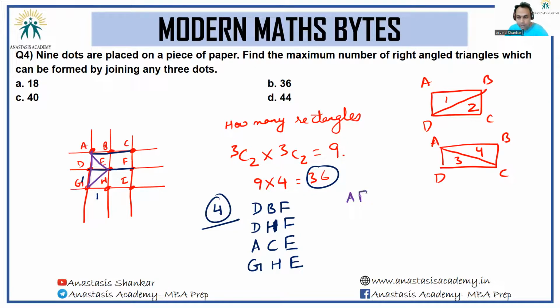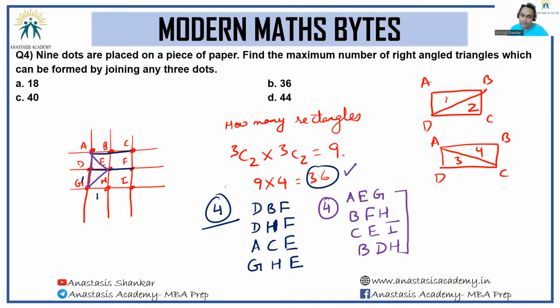So A, E, G, and B, F, H, and C, E, I, and B, D, H. There will be 4 more triangles like this. So I have 36 from our original individual rectangles. Then I have 4 more which are not from rectangles. Altogether, how many right angle triangles can be formed? It would be 44.